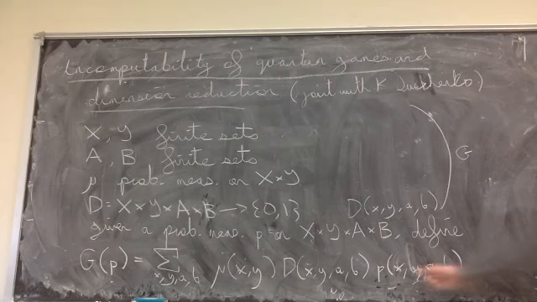So this is the probability of giving a certain pair of answers when asked a certain pair of questions. We want to think of this probability distribution as a kind of strategy. Alice and Bob are trying to produce this strategy to maximize the value of the game. G of P represents, given this randomized strategy, the probability that you win the game.